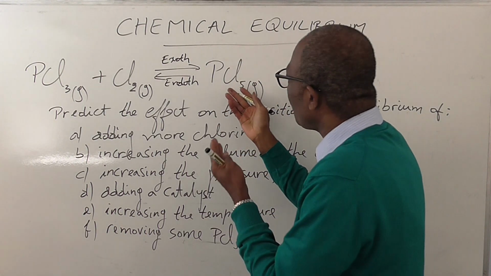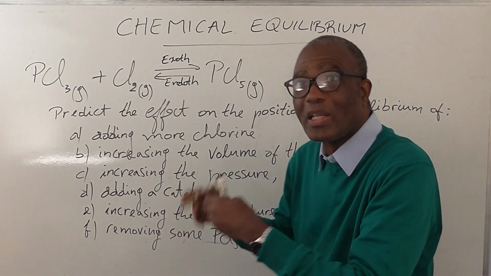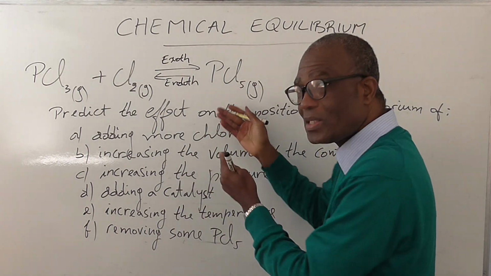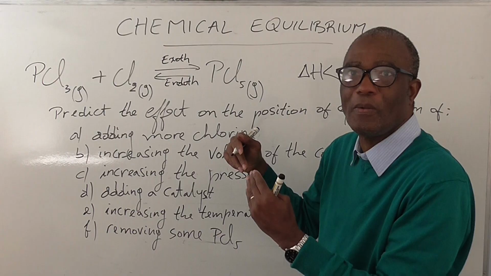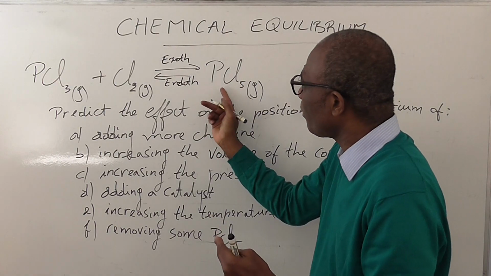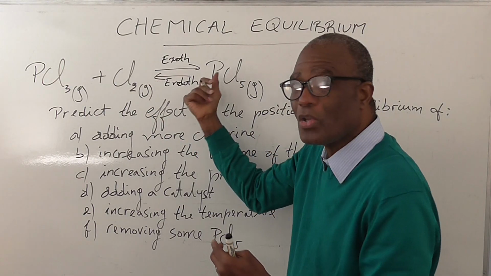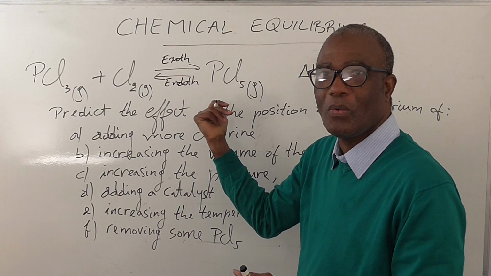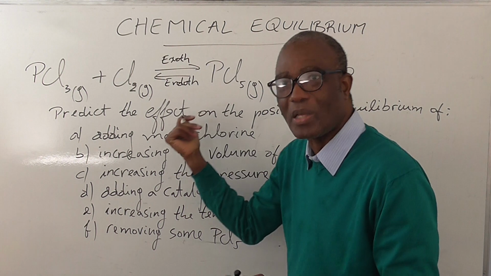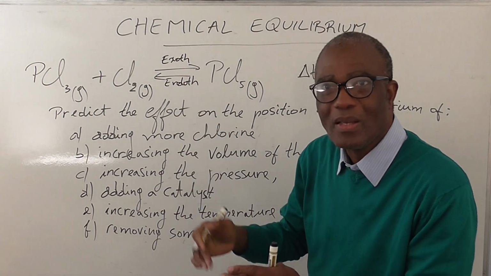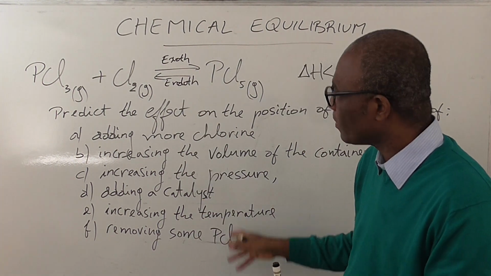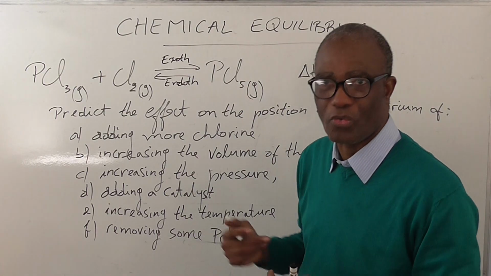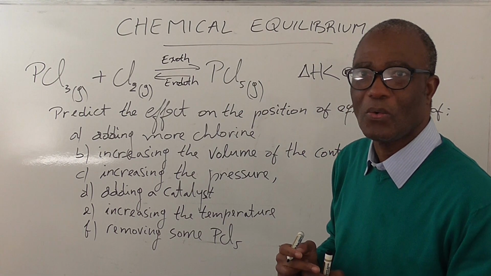The system will readjust to replace what is removed. So the equilibrium will shift to the right, just to replace the quantity of PCl5 that has been removed.